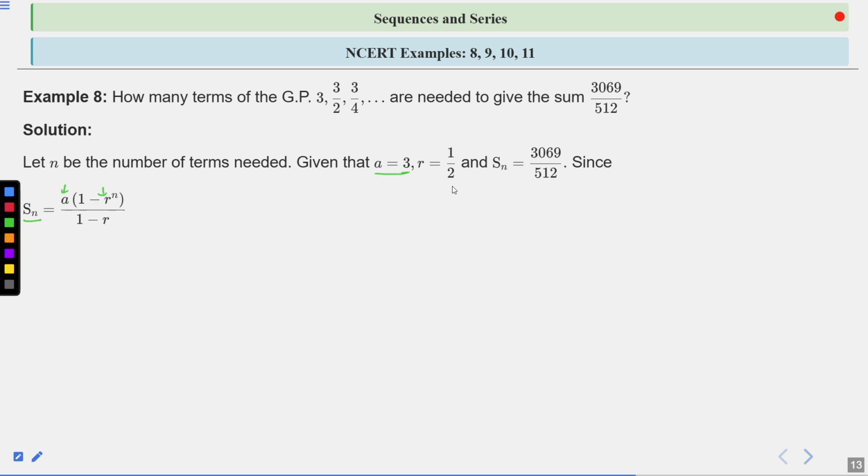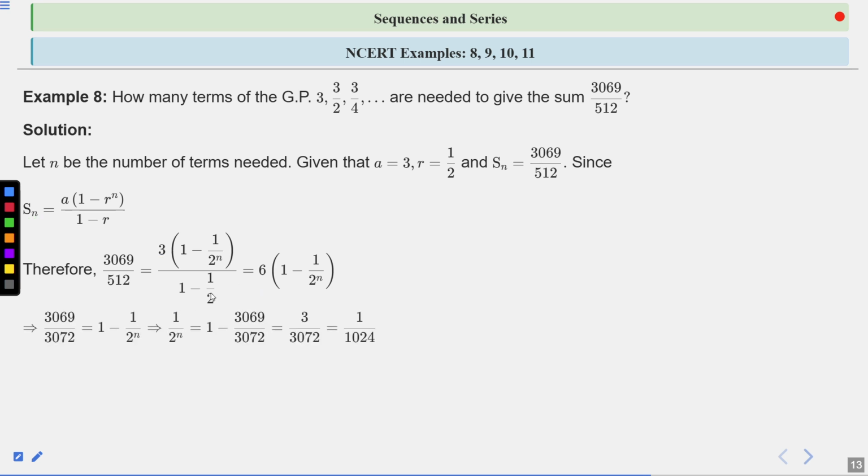In this case, A is 3 and R is half. So the left hand side is simply 3069 divided by 512, and the right hand side becomes 3 times 1 minus 1 by 2 raised to power n, divided by 1 minus half, which becomes 6 times 1 minus 1 by 2 raised to power n.